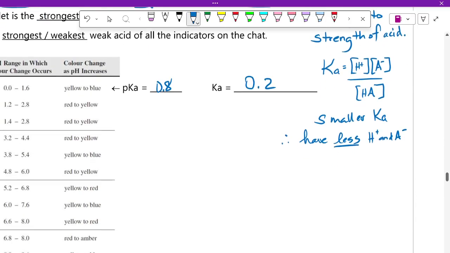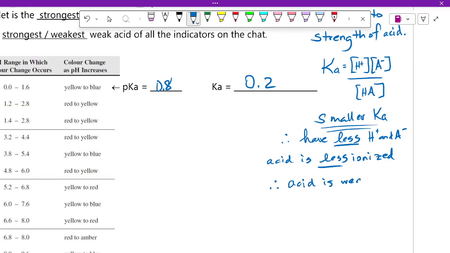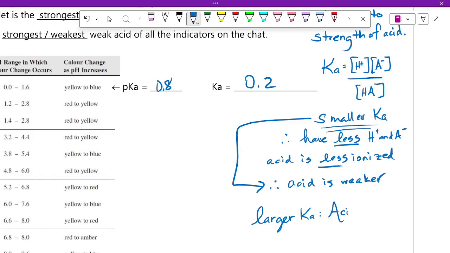And if we have less of the ionized, the acid is less ionized. So if Ka is smaller, less of it is ionized, the acid is stronger or weaker? Okay, so a smaller Ka means the acid is weaker. A larger Ka, oh my god, we established this like this. Oh my god. I forgot. In the freaking acid. Okay.